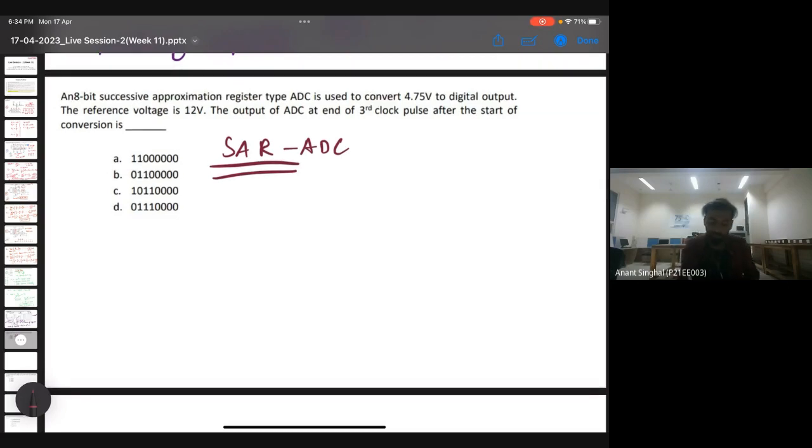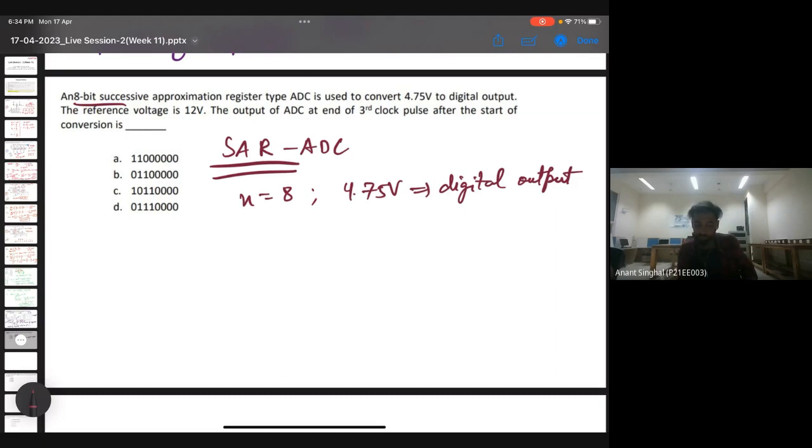The question says an 8-bit SAR is used to convert 4.75 volts to its digital output, and the reference voltage is given as 12 volts.